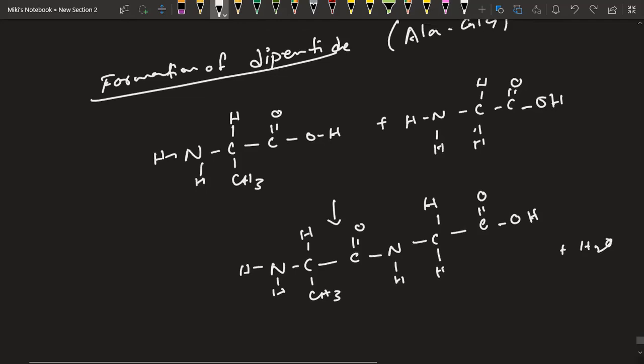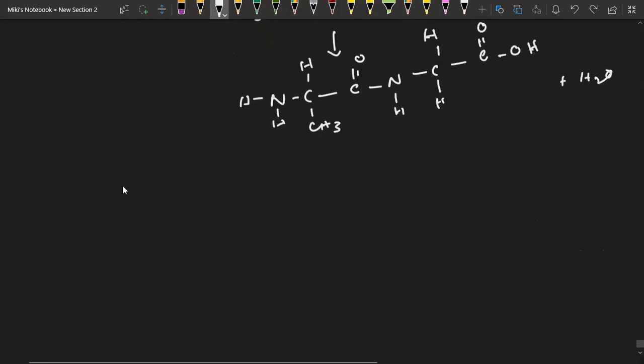In this case, let's see, this is a single peptide linkage, and let's say we have formation of tripeptide.